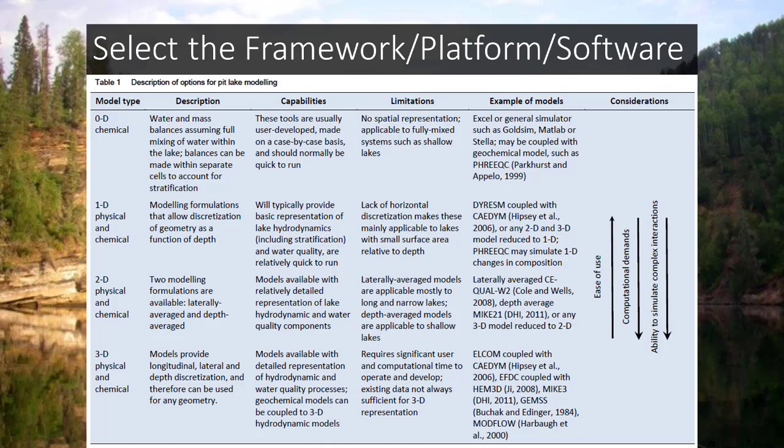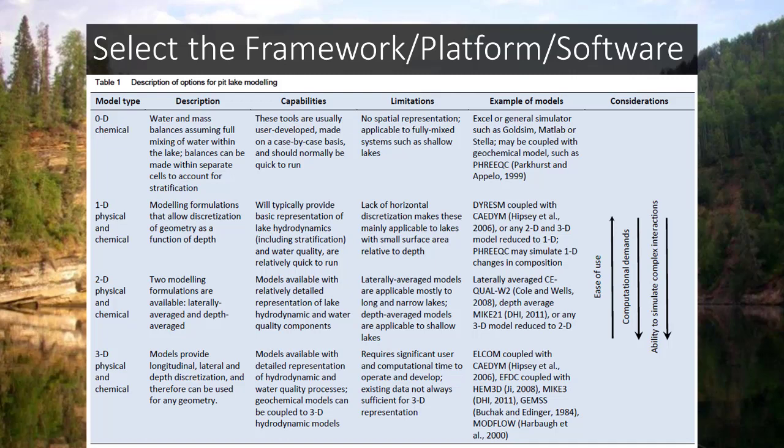A 1D model, a river model is usually a 1D model, so it changes as water moves downstream. A 2D model is applicable to something like a wide river, where you've got dispersion coming across and water moving downstream, but vertically it's well mixed, so you don't care about that third vertical dimension.